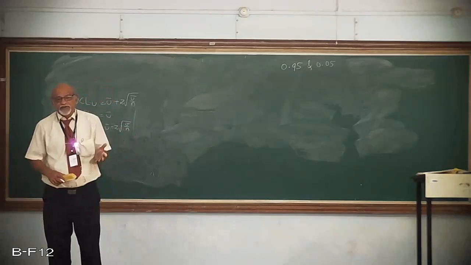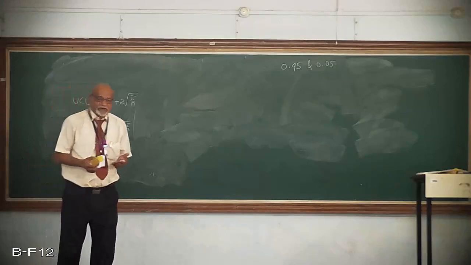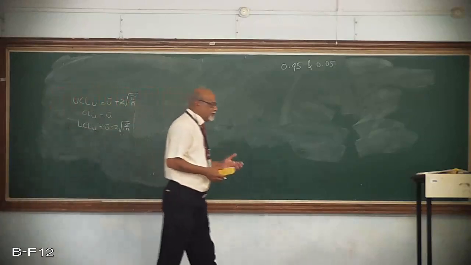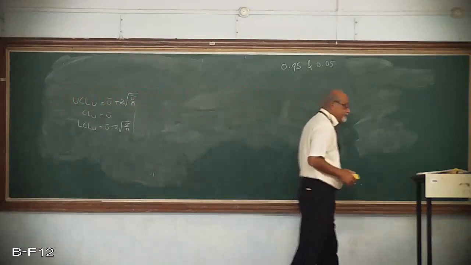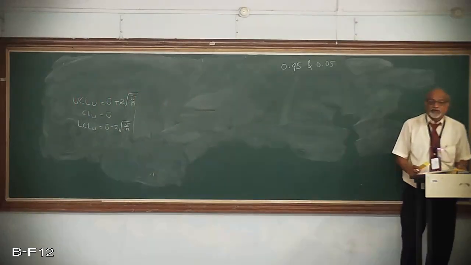That is, 95% get marks below the upper limit, and only 5% should fail. If so, what is the upper control limit and the lower control limit?